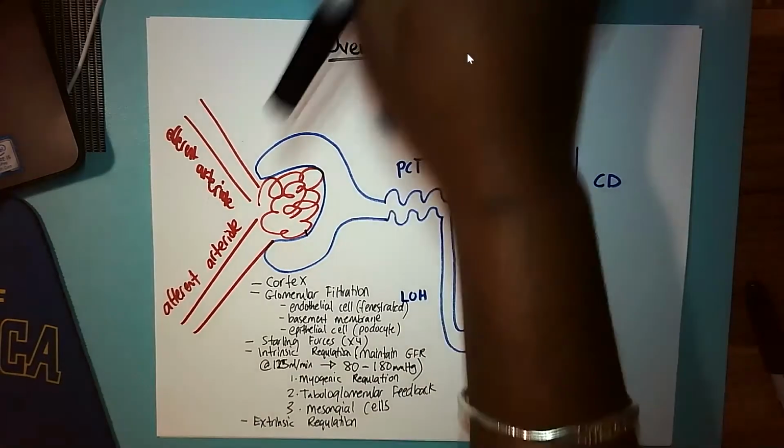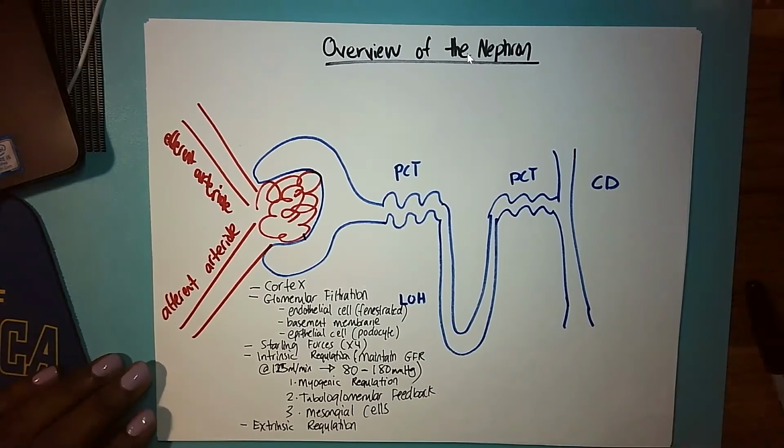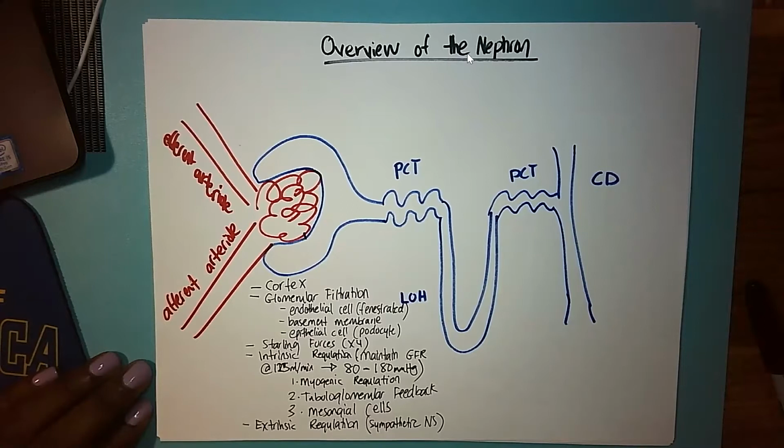And this was involving the nervous system. And so here we saw that if mean arterial pressure was less than 80 or greater than 180, then GFR would either rise or fall accordingly, okay? I won't go into the mechanisms here, but we know this involved the sympathetic nervous system.